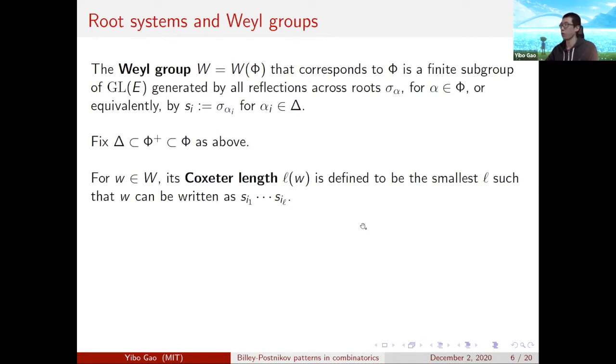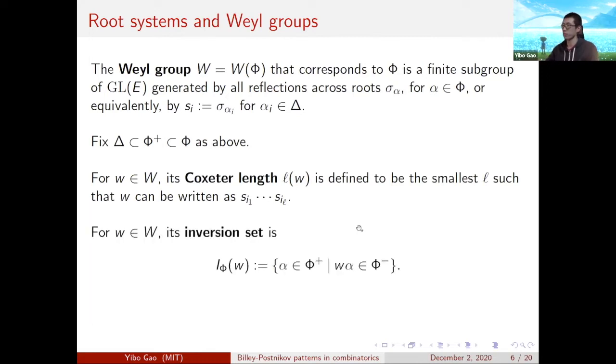Let L(w) denote the standard Coxeter length. And for a Weyl group element w, the inversion set is the set of positive roots that get sent to negative roots. Yeah, it's a standard fact that the length of w equals the size of the inversion set.